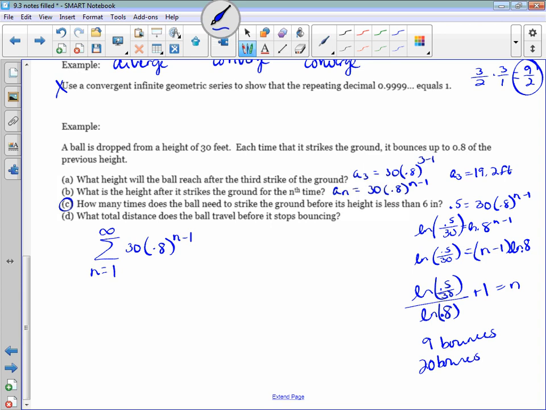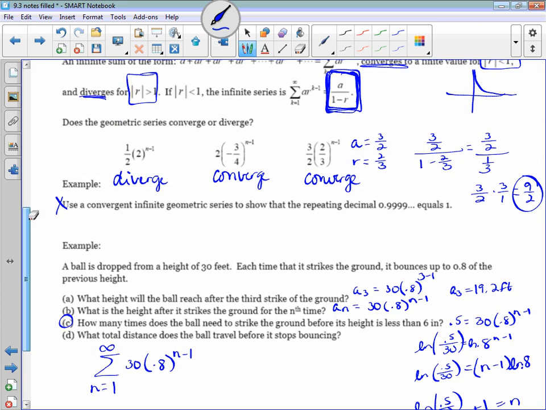All right, let's look at D. What is the total distance the ball travels before it stops bouncing? I'm asking you the summation of an infinite geometric series. So do we have a formula for that? Yes, we can only find that sum if it actually converges. Does this converge? Yes. So we've got our formula up here.